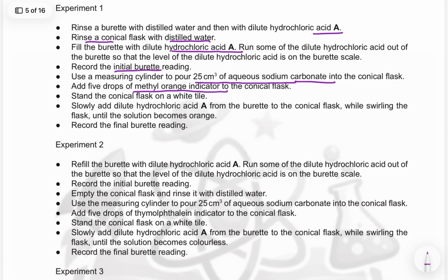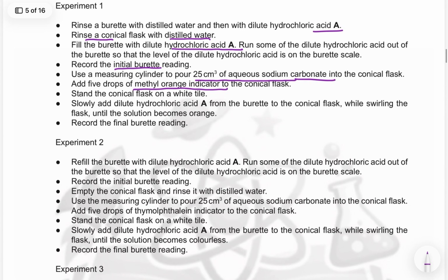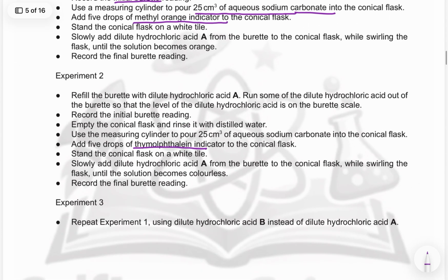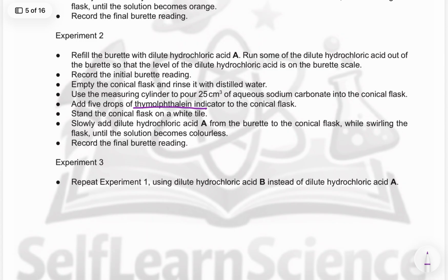So the whole procedure is repeated in experiment 2, but if you read the experiment, instead of methyl orange they have changed the indicator to thymolphthalein. Okay, the rest of the procedure remains the same. And in the third experiment they have again repeated experiment 1, but this time instead of dilute hydrochloric acid A, they have used dilute hydrochloric acid B.